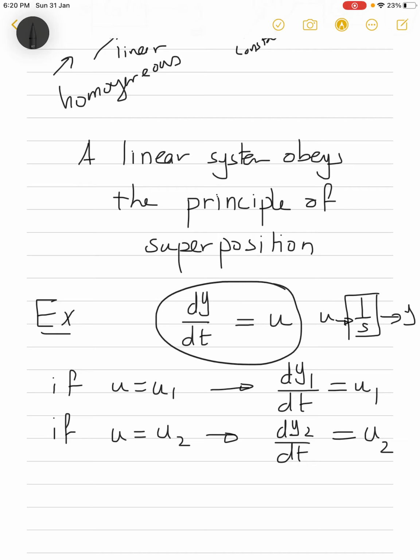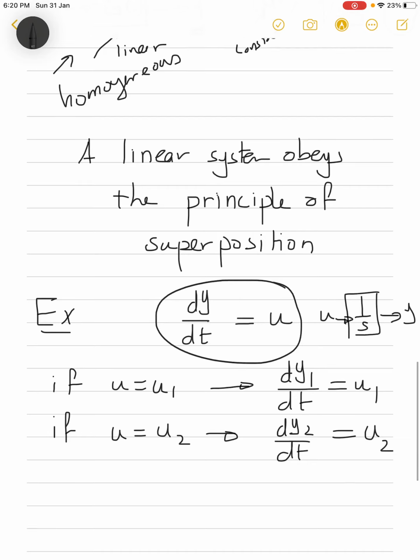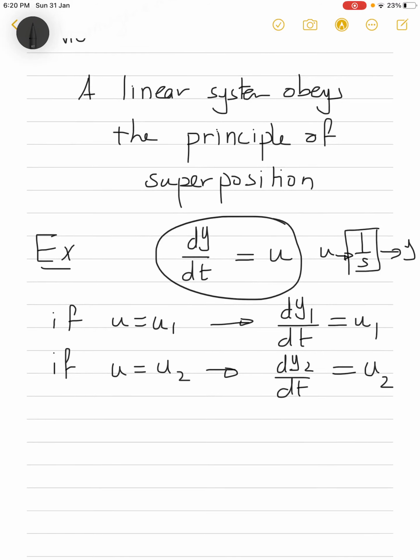Now if we add u1 to u2, then we can write dy/dt equals u1 plus u2.